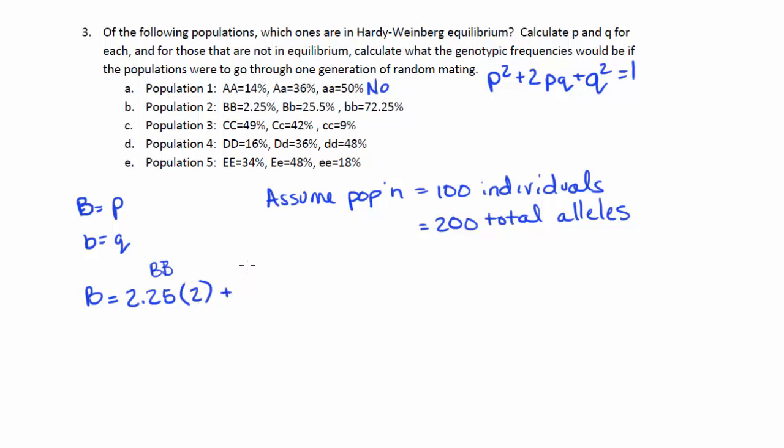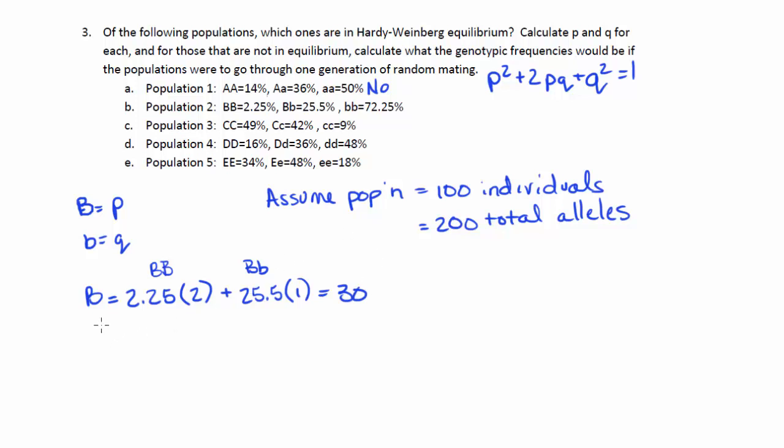And then of my heterozygous ones, there are 25.5 individuals in my population that have that, and there is 1 copy of the capital B allele in them. So if we add all that up, we get 30 total big B alleles.